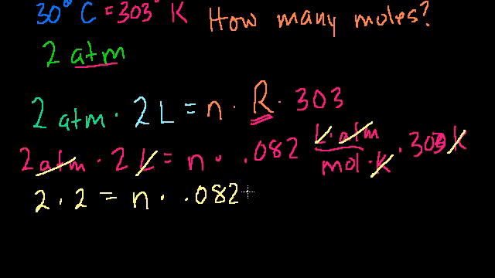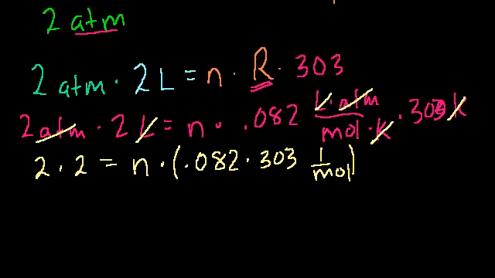0.082 times 303, and then we have just a 1 over mole. So to solve for n, the number of moles, we divide both sides of this equation by all of this stuff.